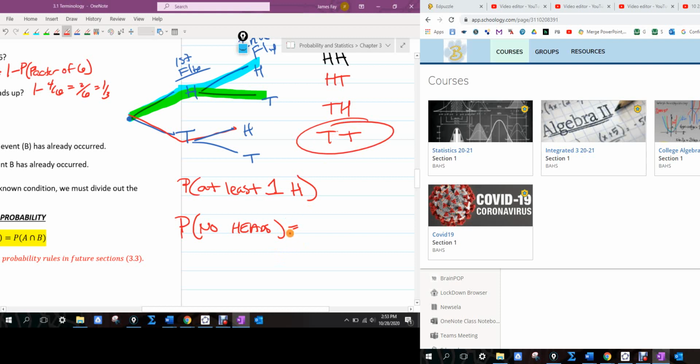If I understand complements, I understand the complement of at least one means none. I don't even need to write this tree diagram. I know when I flip my coins, there's only one chance I get tails, tails, right? So if I go 1 minus that chance of tails, tails, does that give me 3/4 right away, instead of having to come up with the sample space and count 1, 2, 3 out of a total of 4?